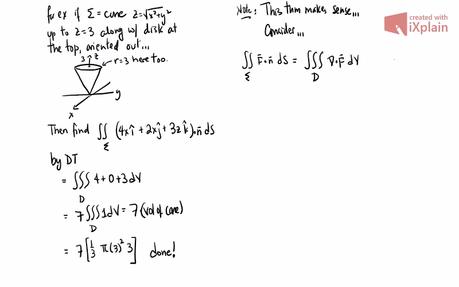What this guy over here is measuring is the rate of flow of F, let's say outwards, because that's how sigma is oriented, through sigma. Because remember that the surface integral of a vector field, we're thinking of as measuring the rate of flow of a fluid.